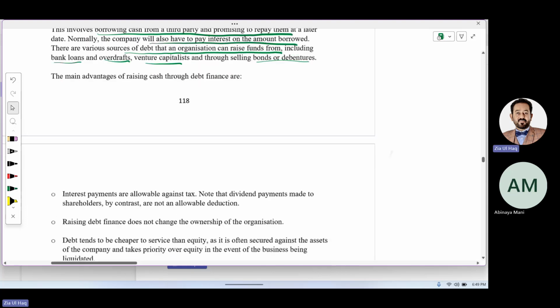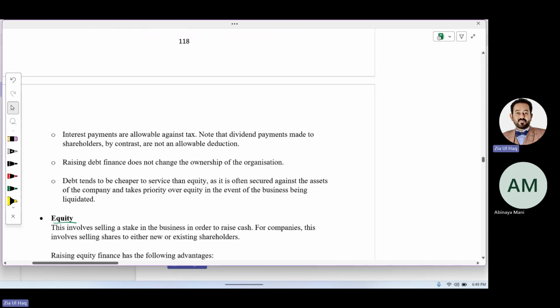The main advantage of raising cash through debt finance is that interest payments are allowable against tax. If you are taking money through debt rather than equity, the interest expense you record in the profit and loss account will reduce your profit.